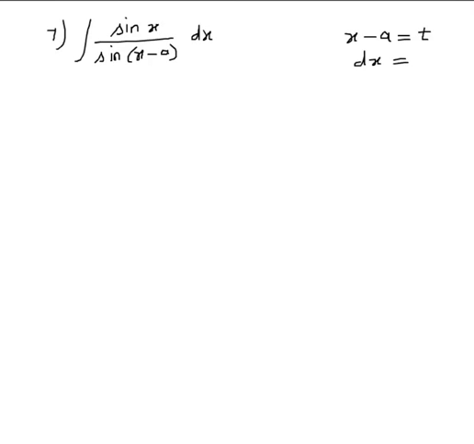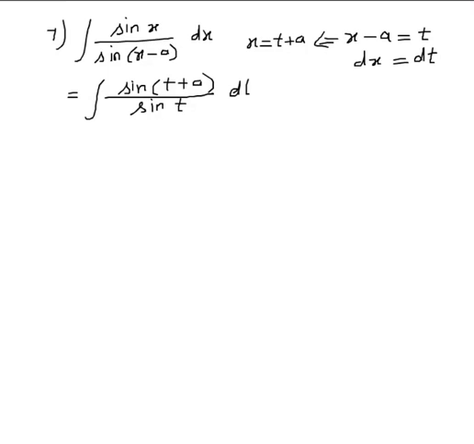Differentiate both sides. A is a constant, so we get dx is equal to dt. Integral sine of, from this x is t plus a. Therefore, the numerator becomes sine of t plus a divided by, the denominator is sine t, and dx is dt.